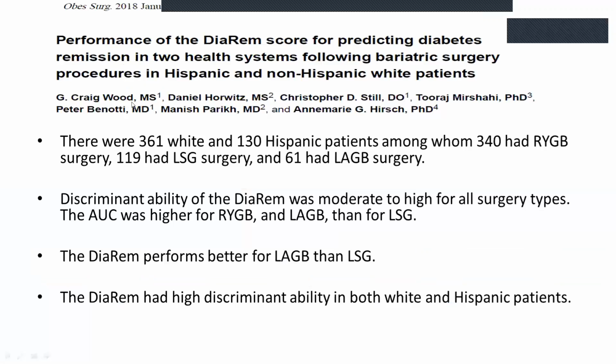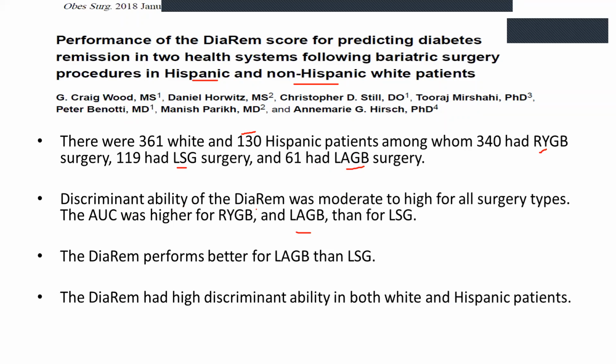This study by Wood et al. tested the performance of the DiaRem score on Hispanic and non-Hispanic groups, and also various other procedures like sleeve and LAGB. They found that there were 361 white and 130 Hispanic patients, and 340 of them underwent RYGB, 119 underwent sleeve, and 61 underwent LAGB.